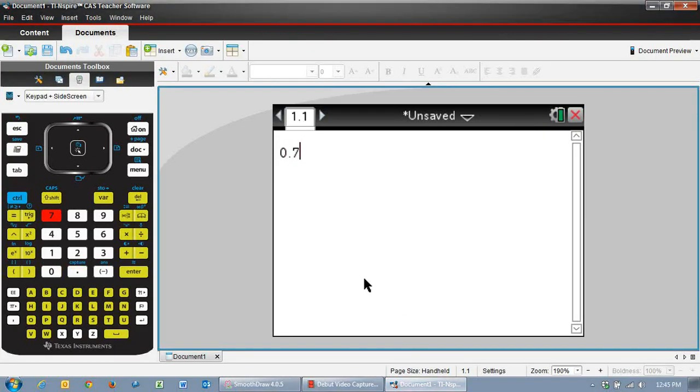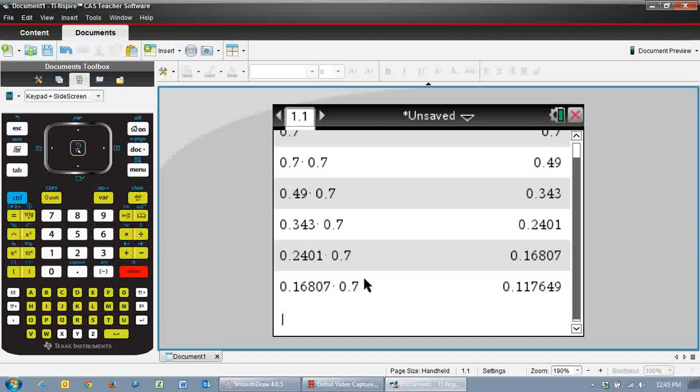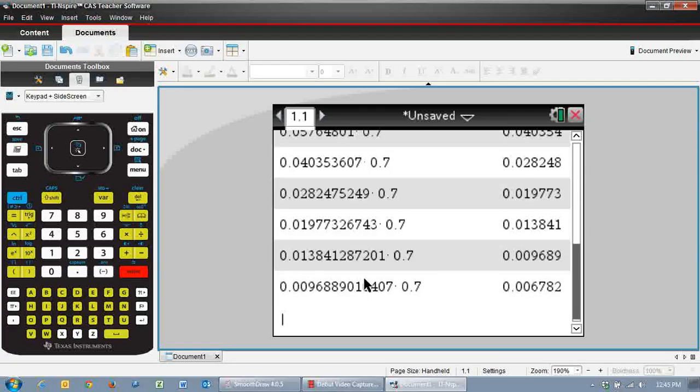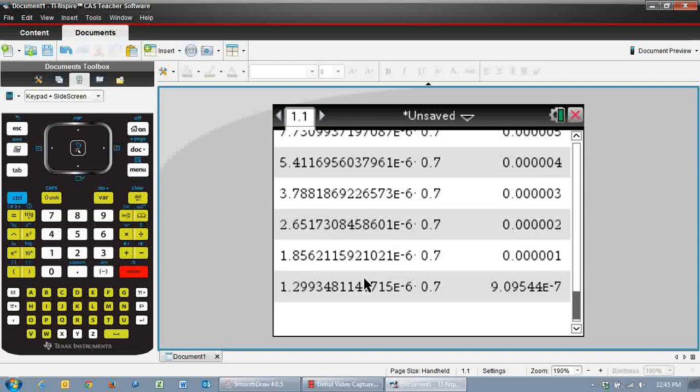So I've got 0.7, and if I multiply that by itself, multiplying by 0.7, we get 0.49. If I multiply it by itself again, we get 0.343. If we keep doing that, can you see how the number gets smaller and smaller? In fact, if I keep just pressing enter over and over again, that number gets really, really small.